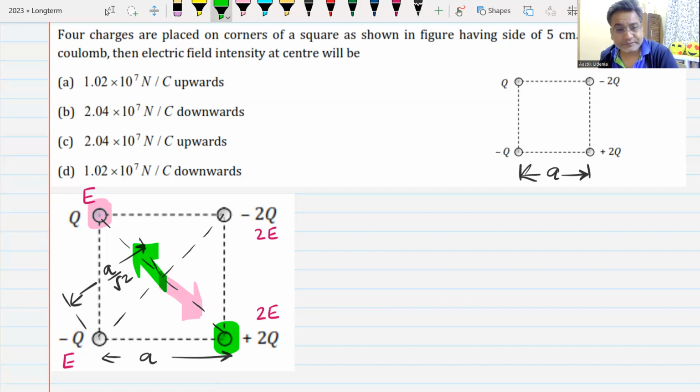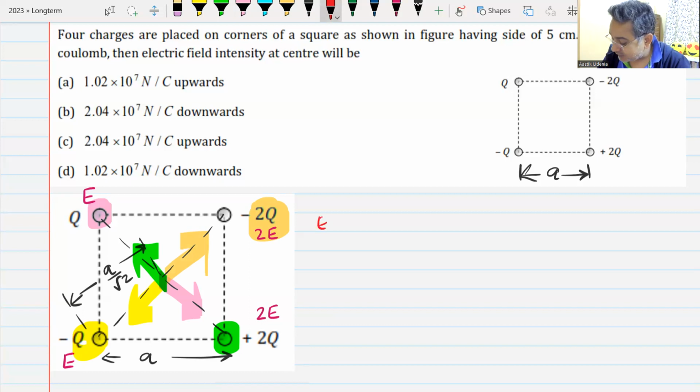Yes, sir. Then you have 2E in this direction and you will have 1E in this direction. So I will have 1E in the upward direction. These two E's will be inclined at an angle of 90 degrees. Yes or no? Yes, sir.